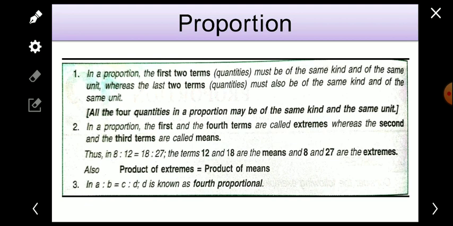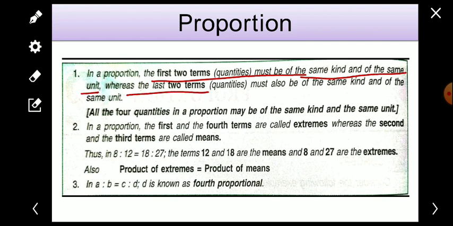Some important points are there. In a proportion, the first 2 terms must be of the same kind. One thing we have to keep in mind is that the first 2 terms, or quantities, must be of the same kind and of the same unit, whereas the last 2 terms must also be of the same kind and of the same unit.